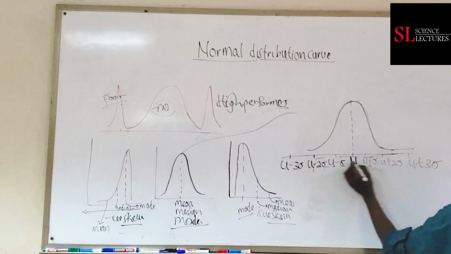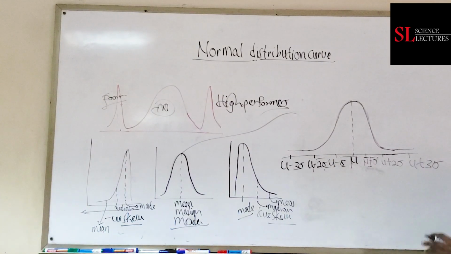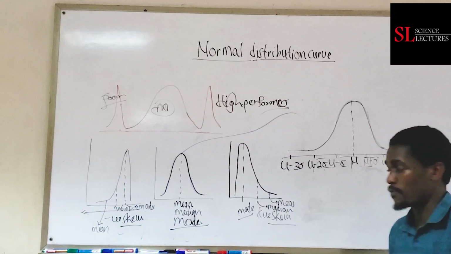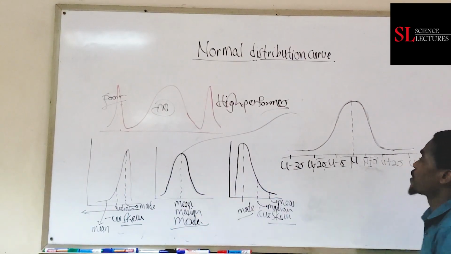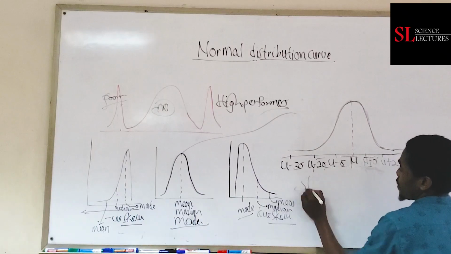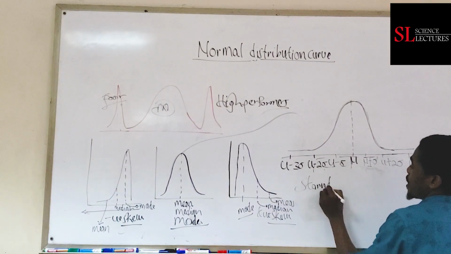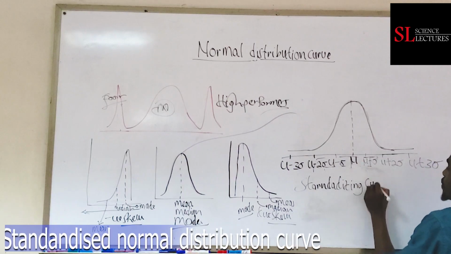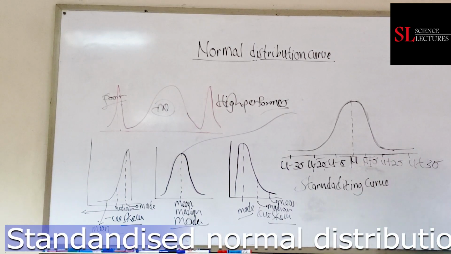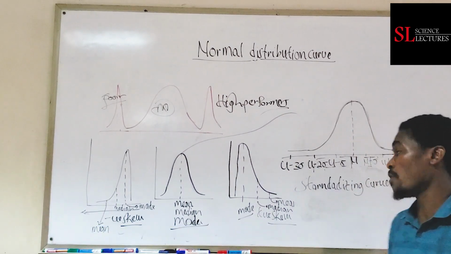So there is something called standardizing a normal distribution curve. We've seen a normal distribution curve, but we want to standardize it, to become a standardized normal distribution curve.